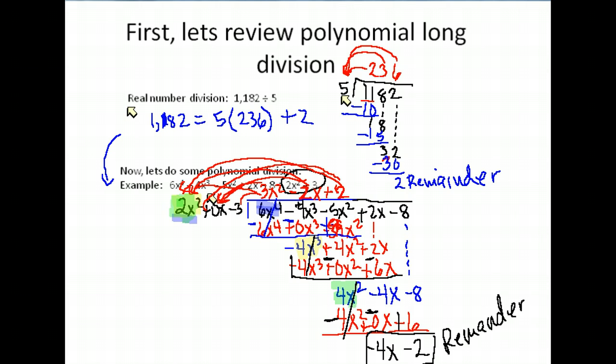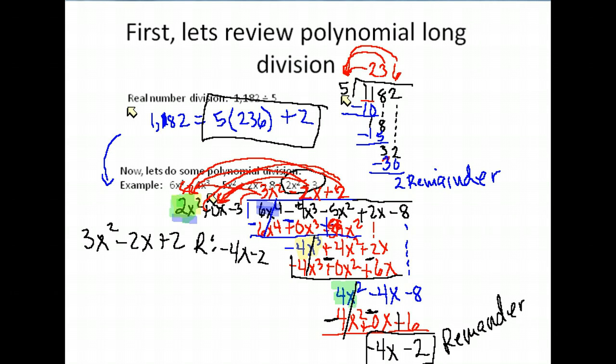So our answer looks really weird, but the answer is 3x squared minus 2x plus 2 with a remainder of negative 4x minus 2. Now, they are going to ask you to write that in terms of multiplication like we did up here.